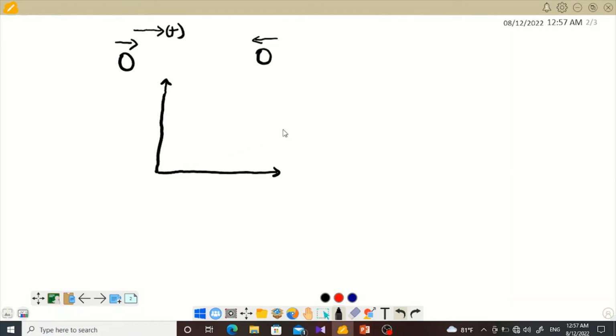So we can show acceleration. First I am going to name the axes. The x-axis we call time, and the y-axis we call velocity. So we can show acceleration as this using a straight line.